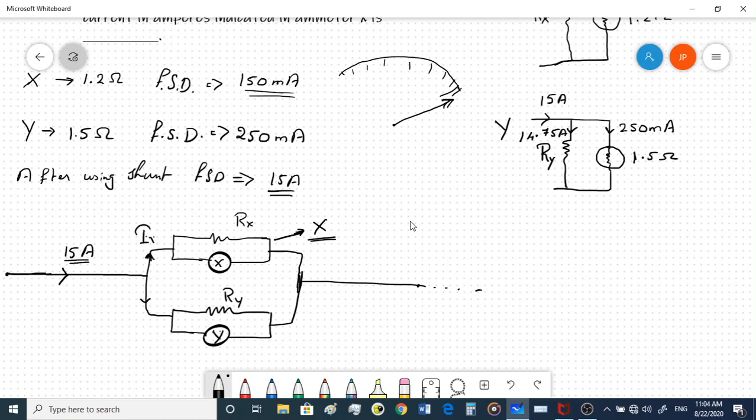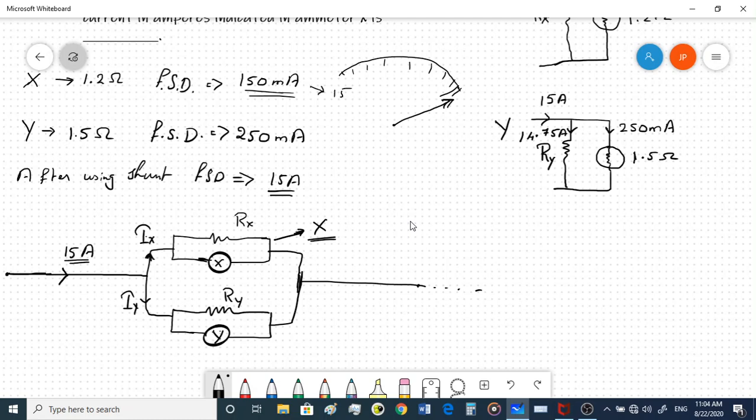So let's call this Ix and Iy. So our objective is to find what is Ix, what is the current that is going through this particular meter. Because this meter had a full scale deflection of 150 milliamperes, is now corrected to 15 amperes.